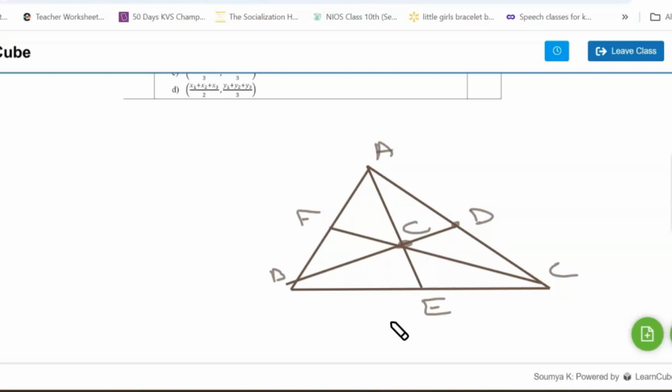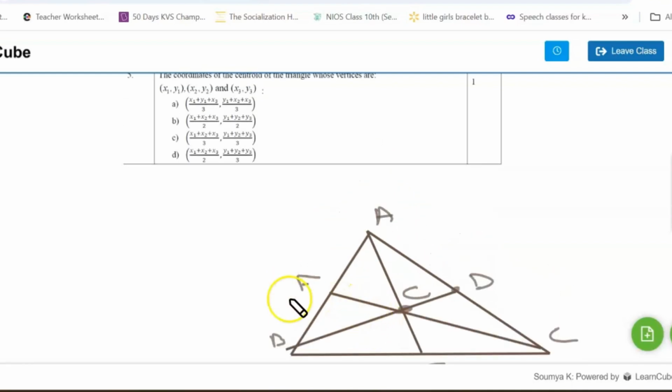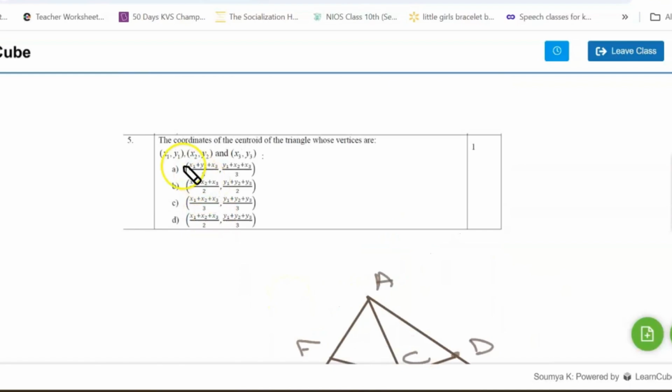So this coordinate we have to find out in the given question. To find that, we are given the coordinates as x1, y1, x2, y2 and x3, y3 of the vertices. In that case, the centroid formula is x1, x2 and x3 whole divided by 3, and y1, y2, y3 whole divided by 3.